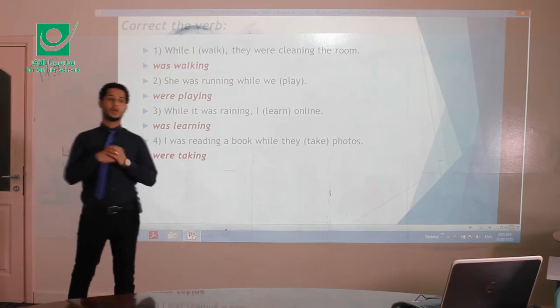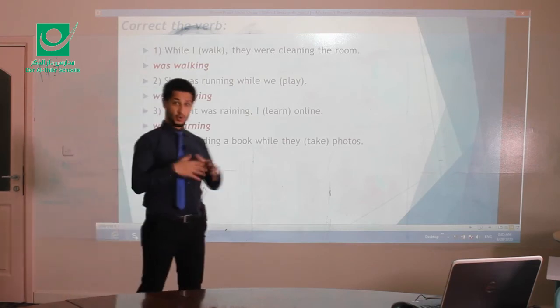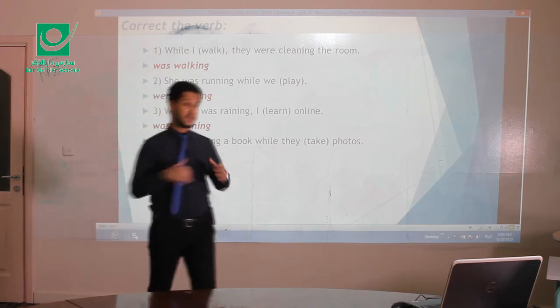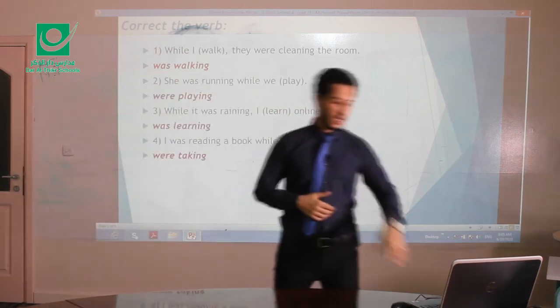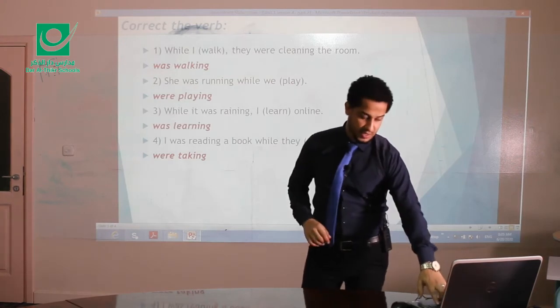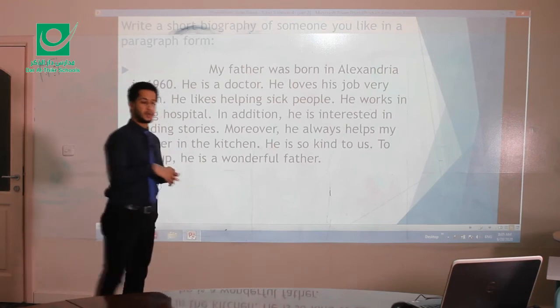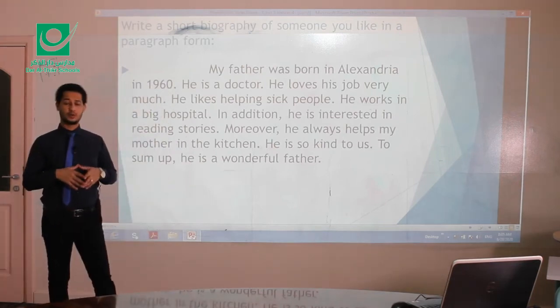Okay? If all of your answers were correct, give yourself a big hand now, quickly, okay? And if you have some mistakes, you can learn from the answers we mentioned now. So, the first part today we talked about was grammar.